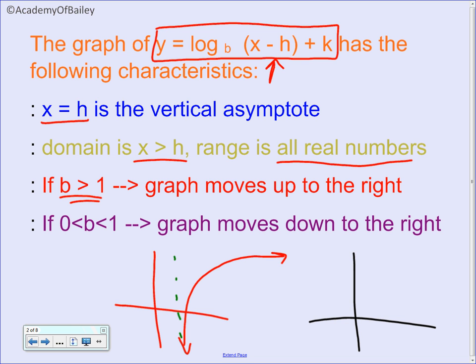And if b is between 0 and 1, it's going to move down and to the right. Something similar to like that. So it's helpful to understand what's happening here. Vertical asymptotes have nothing to do with whether it moves up and to the right or down and to the right. I know these vertical asymptotes were in different locations, but it's b that makes the difference.